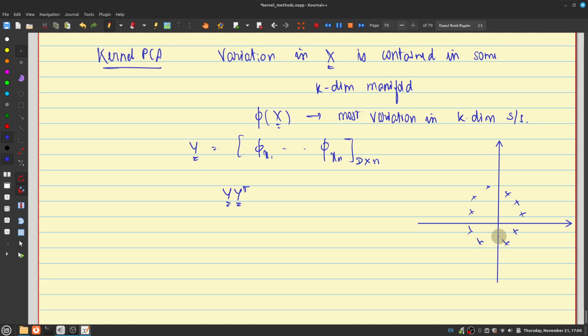Let's say that all of the points approximately lie on a circle. You can think of this circle as a one-dimensional space, or maybe all of them lie on a parabola.